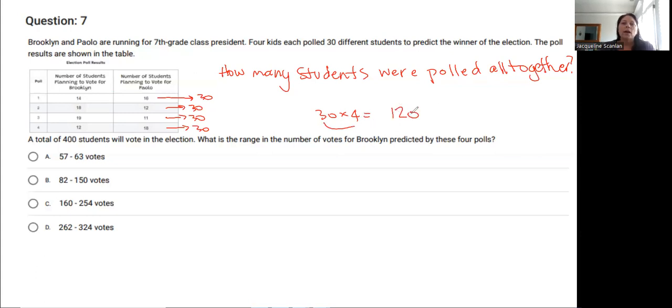All right, so right now, all I have is that my total number of students polled is 120.